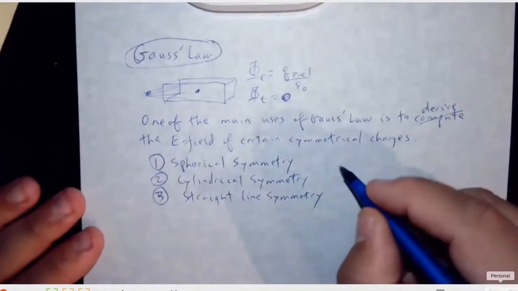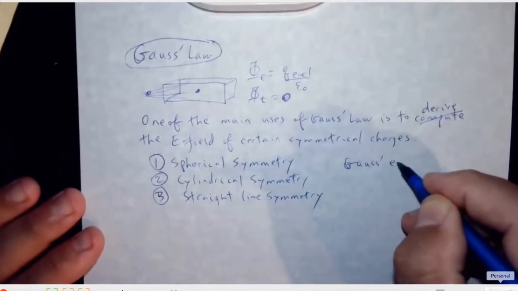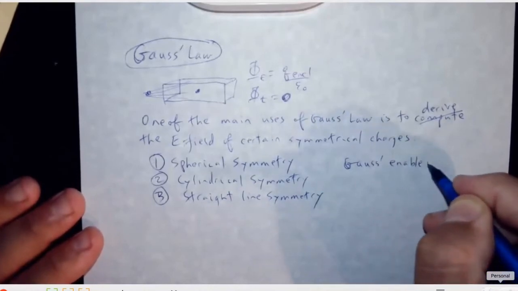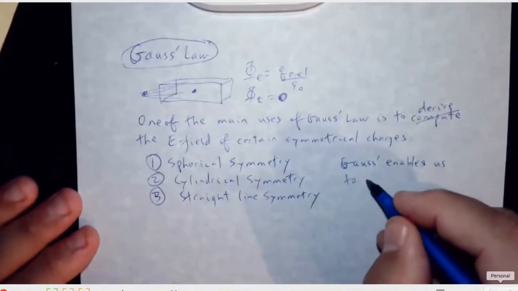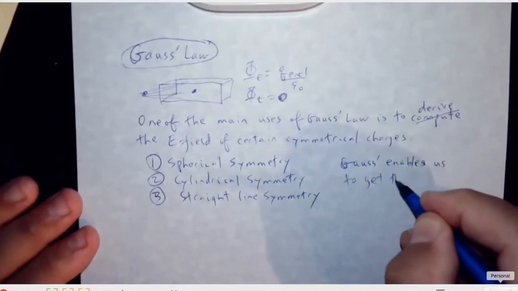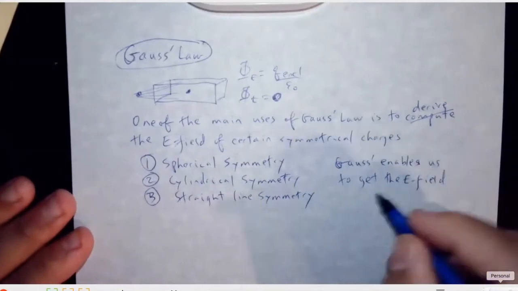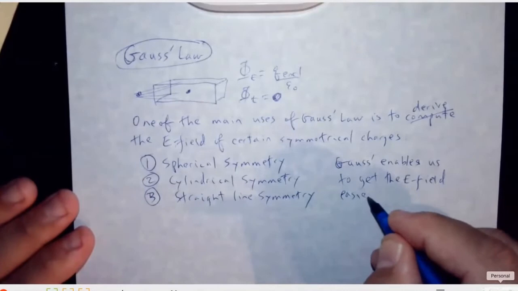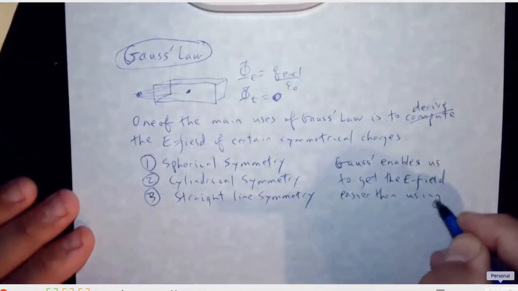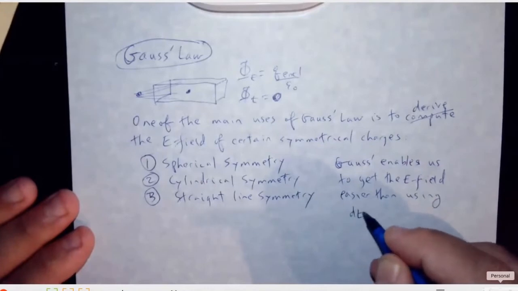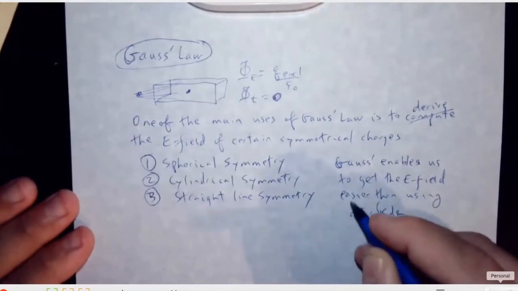So in other words, Gauss's law enables us to calculate, to derive, to get the E field easier than using this equation, dE is K dQ over R squared.